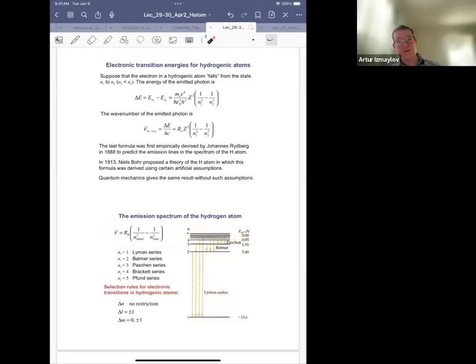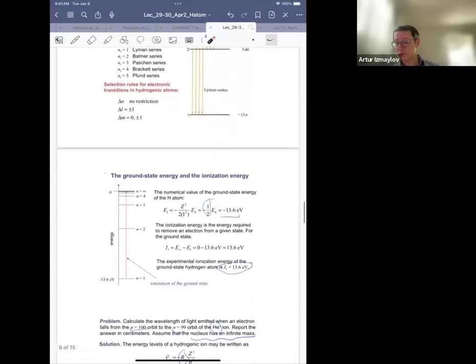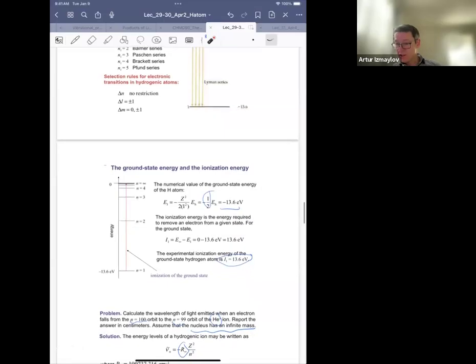In order to explain it, we need to formulate the Schrödinger equation and solve it, and that's a big deal because then it explains the transitions in this type of systems. Okay, so theory is important. That's the bottom line.